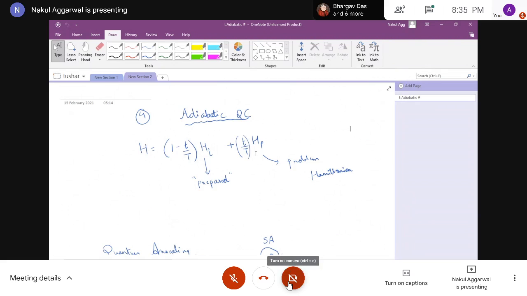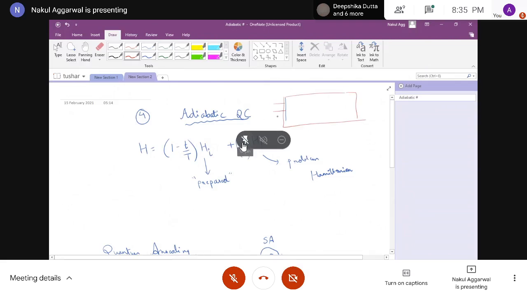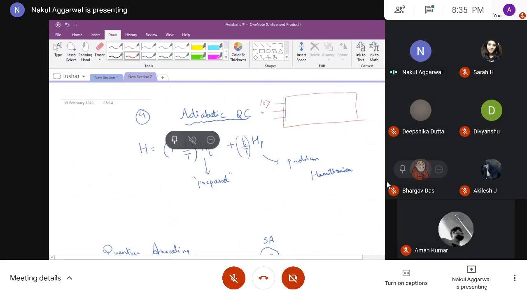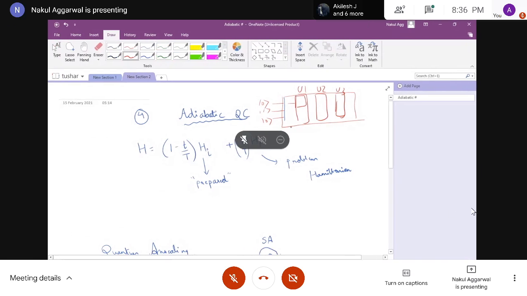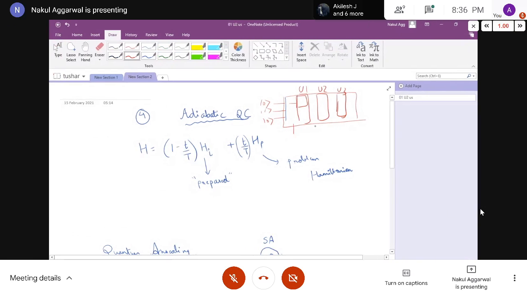So what happens is, in gate-based models, you have some qubits, let's say, some initialization. Then you have gates, right? So you have unitaries, let's say U1, U2, U3, and so on. After every stage, that is after every unitary, you get some value for the qubits.